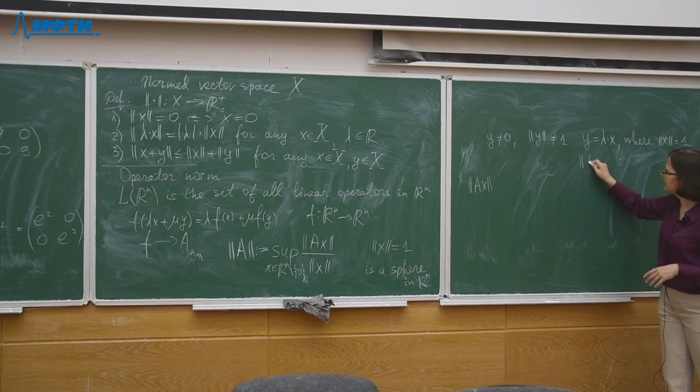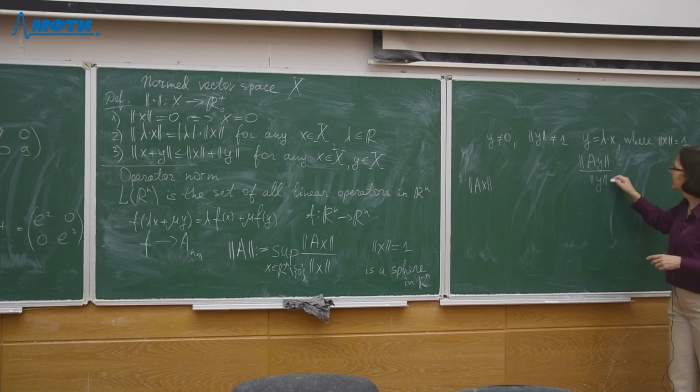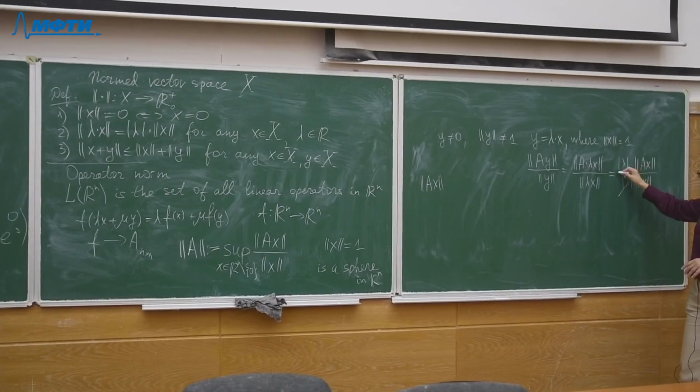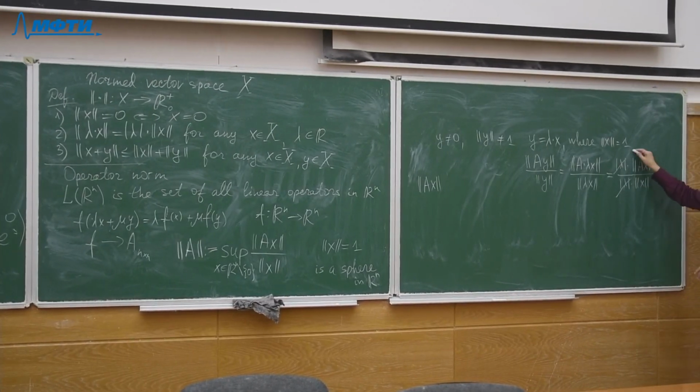And if we consider the norm of Ay divided by the norm of y, we get the following: the norm of A times lambda x. By the scaling property, it is the norm of lambda times the norm of Ax divided by the norm of lambda times the norm of x. We can cancel out lambda, and we will get this.